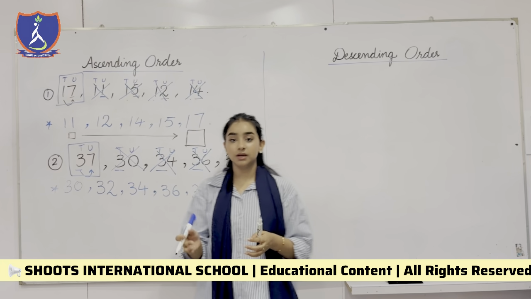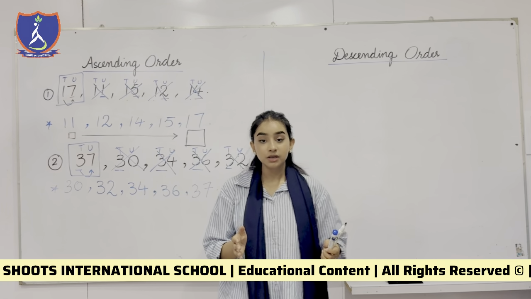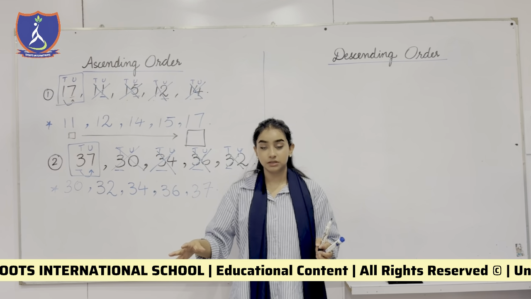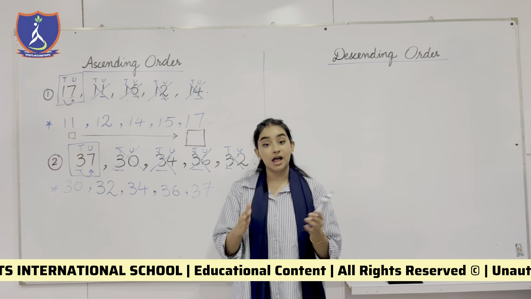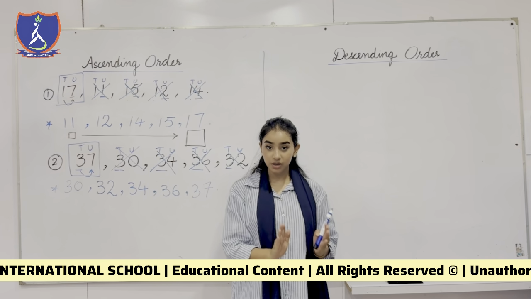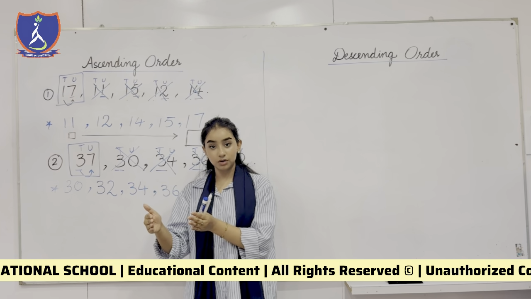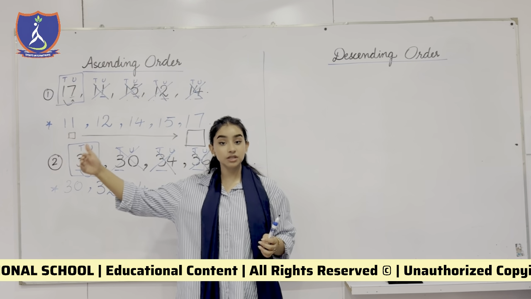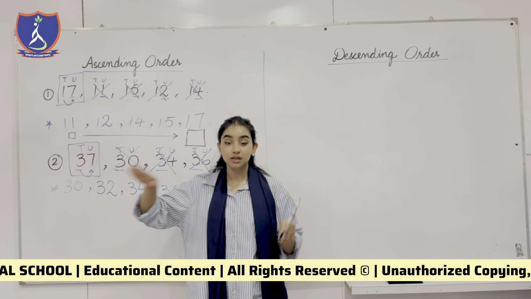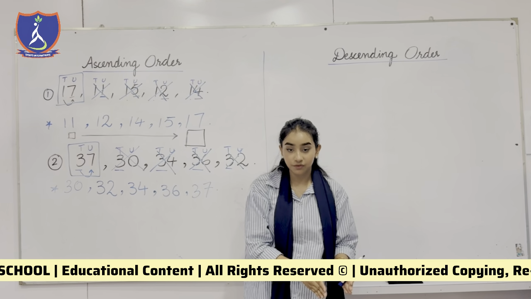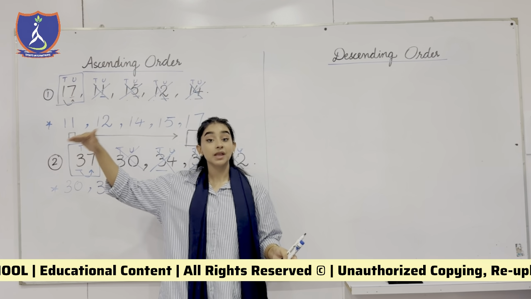Let me give you another example as well. Imagine you are a group of 7 to 8 friends. You people have to stand height-wise. That means the smaller height student will stand first, then the bigger one, then the taller one, then the taller one, and the tallest one would be at the last. The shortest friend would be at the front and the tallest friend would be at the last.